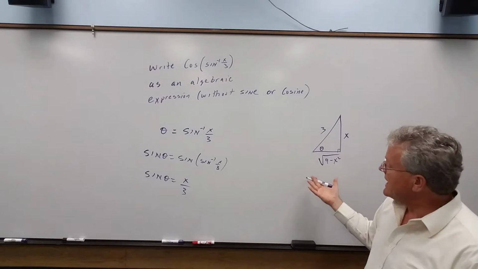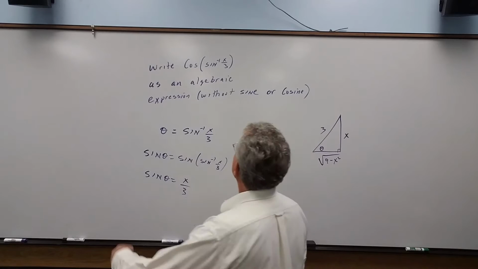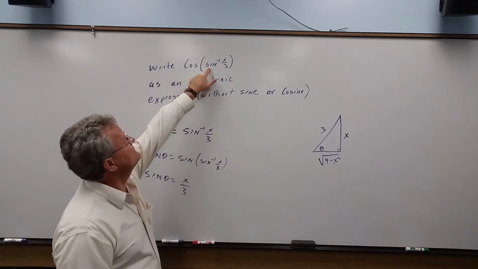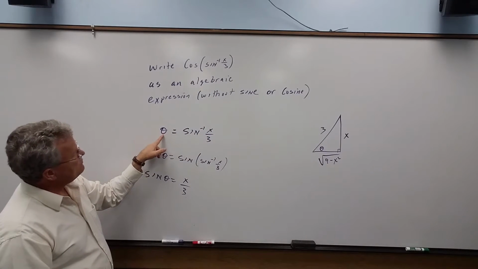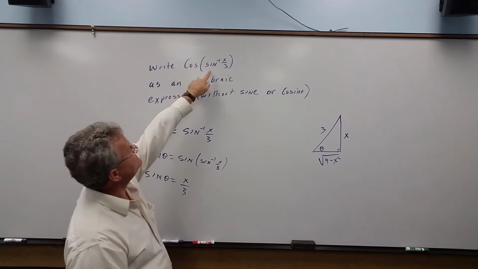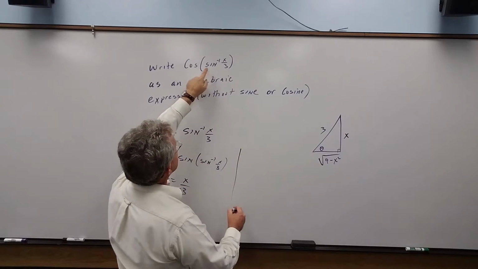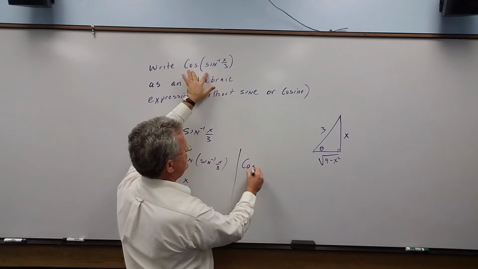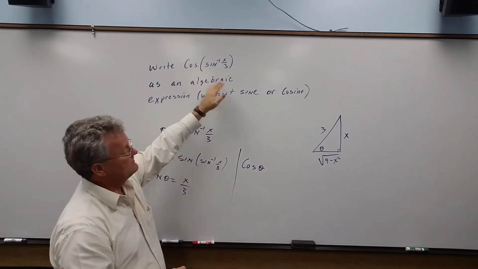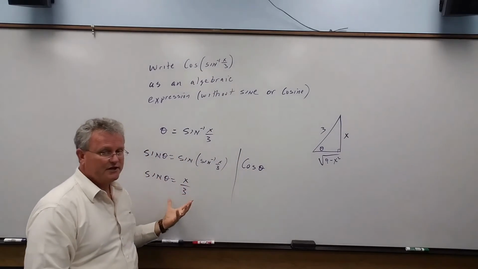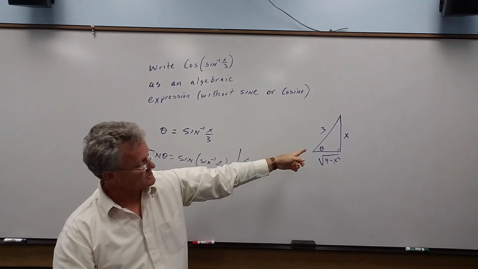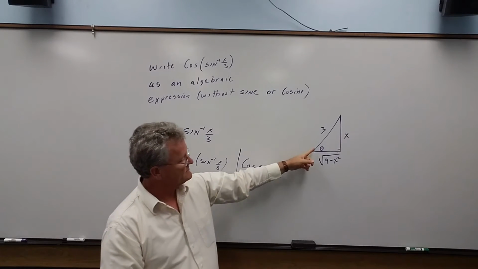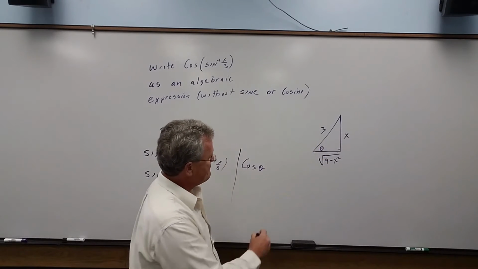All right, so now that we have that, we go back up to here. The inverse sine of x over 3, we let that equal theta. So this is equivalent to theta. So this expression is the same as cosine theta. Well, what we just did here, we constructed our triangle. Cosine is adjacent over hypotenuse.